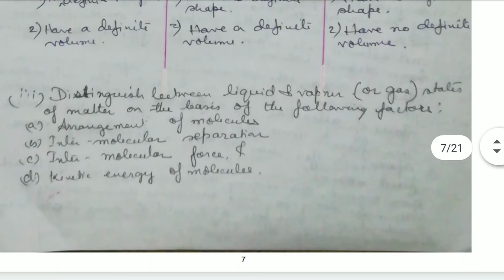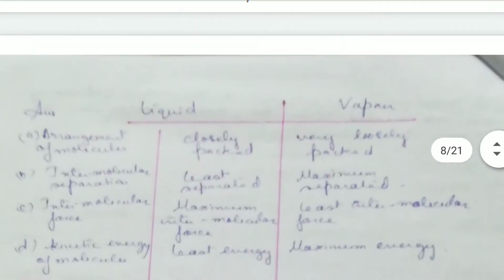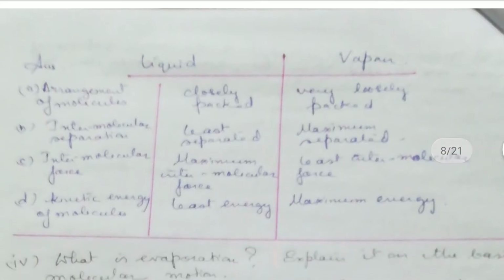Now distinguish between liquid and vapor or gas states of matter on the basis of the following factors, that is intermolecular separation, intermolecular force, kinetic energy, and arrangement of molecules. First is arrangement of molecules. Liquid molecules are closely packed, vapor molecules are very loosely packed. Then intermolecular separation: liquid molecules are least separated, vapor molecules are maximum separated.